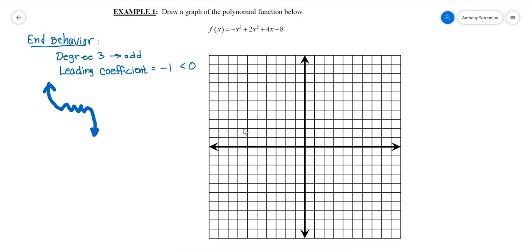Now I want to find the zeros of the function. The zeros of the function could be a little bit problematic because there are different techniques we can use to find them, but they're all going to revolve around some factoring first, because we don't have a set formula to handle degree 3, degree 4, degree 5, and so forth polynomials.